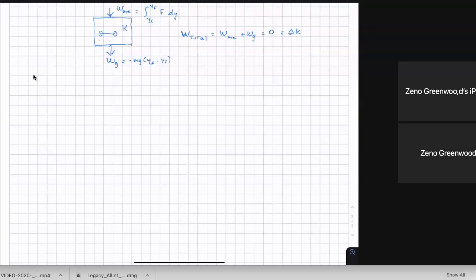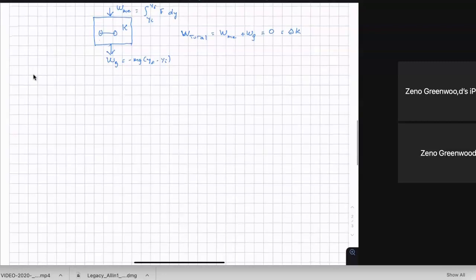Okay, then there's one other topic I want to discuss, and that's work done by a friction force. So say we have a block, and we're moving the block to the right, towards positive x.